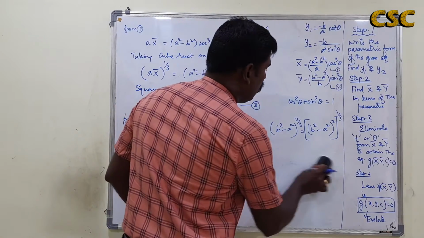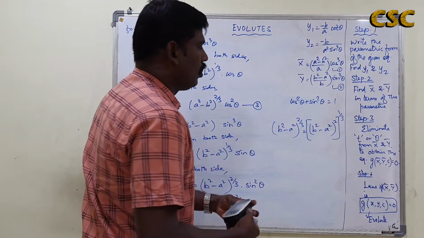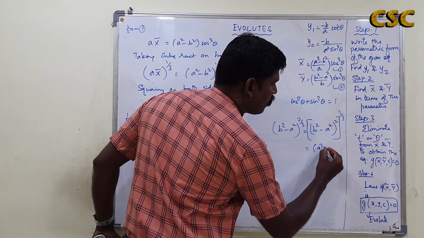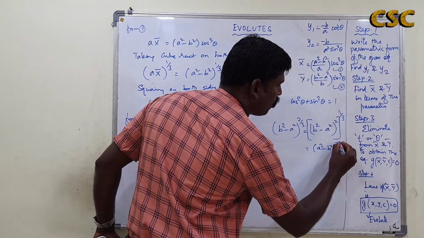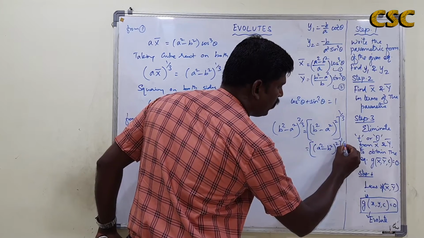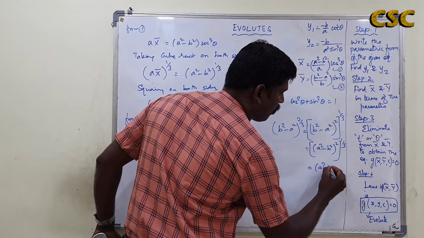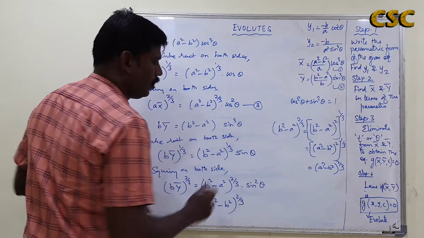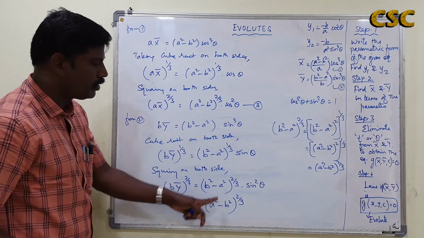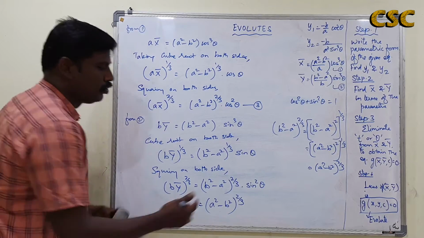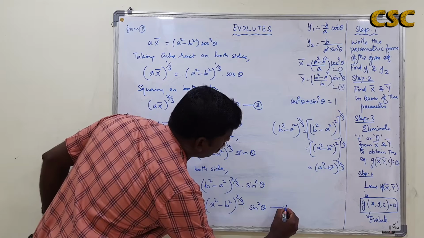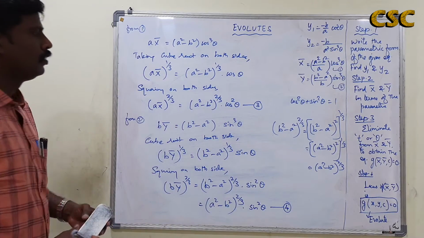That's for (b square minus a square) the whole square can be written as (a square minus b square) the whole square to the power 1 by 3. Now this can be written as (a square minus b square) to the power 2 by 3. So both are same, right? So I rewrite it as b y bar to the power 2 by 3 is equal to (a square minus b square) to the power 2 by 3 into sine square theta. This is equation number 4, isn't it?